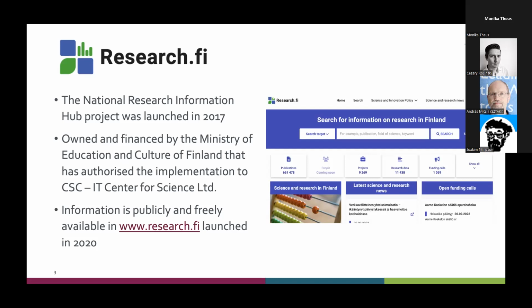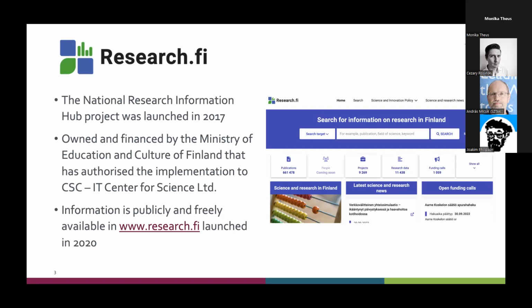Mainly has to do with CRIS-like data, so a national CRIS in that sense, but also includes further additions of data entities like research funding grants, projects, etc. We are owned by the ministry and financed by them, so this is a national endeavor in that sense as well.